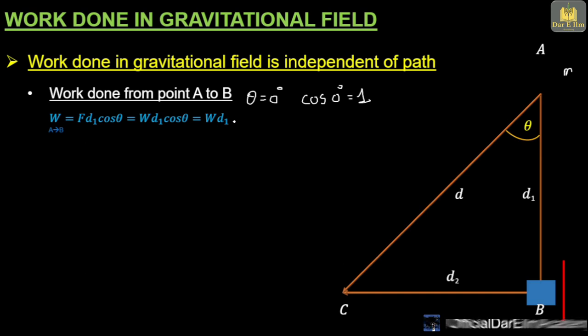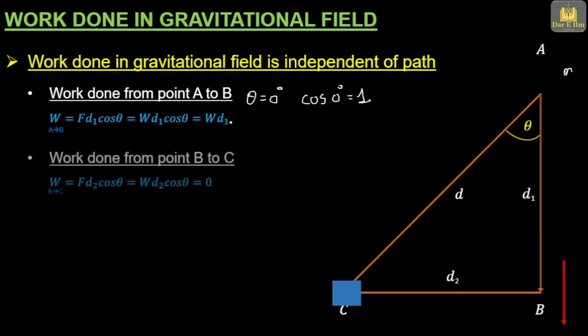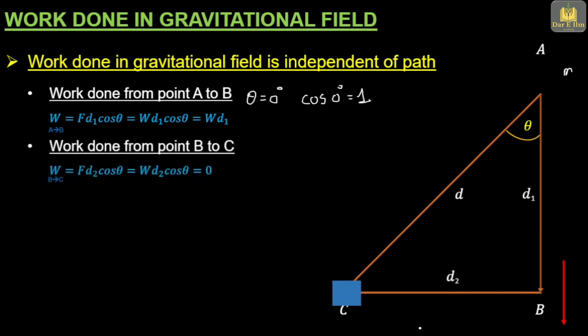Now let's allow the object to move from point B to C to reach its destination. Here we can see that the direction of displacement D2 is toward the left and the direction of weight is still toward the downward direction. So the angle between these two vectors is 90 degree.